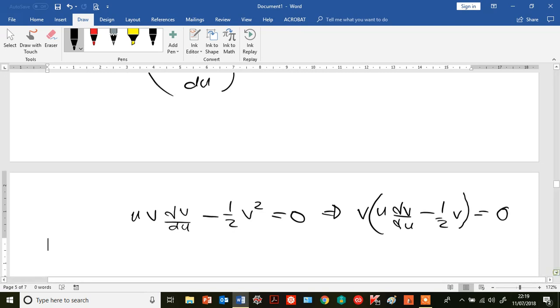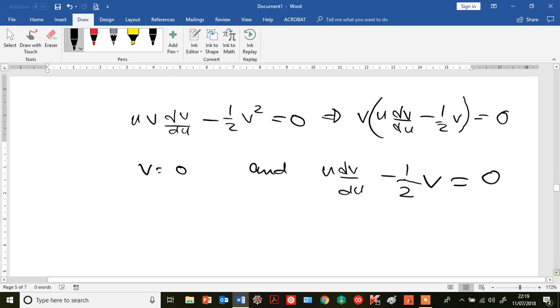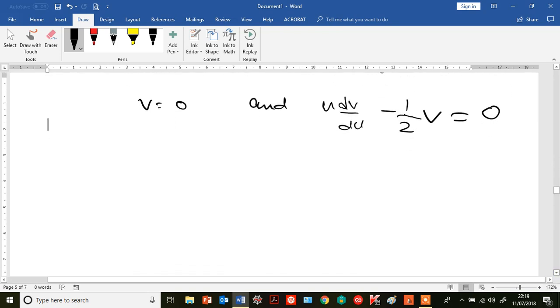Okay, so we now have v equals 0 and u dv by du minus a half v equals 0. Let's make my writing a little tidier. Now, I'm going to deal with the v equals 0 bit first.